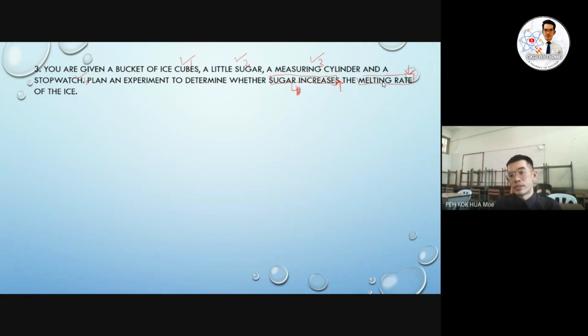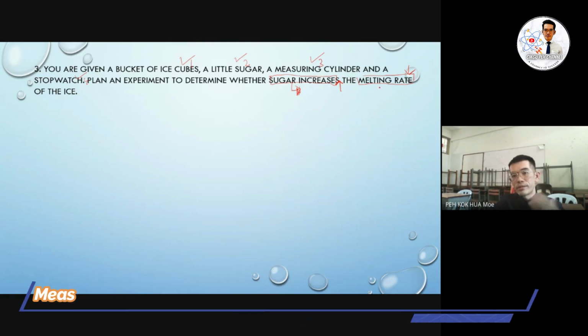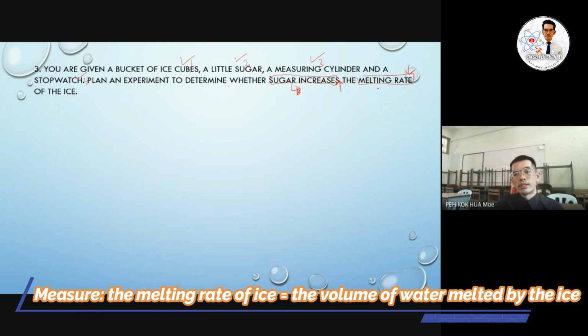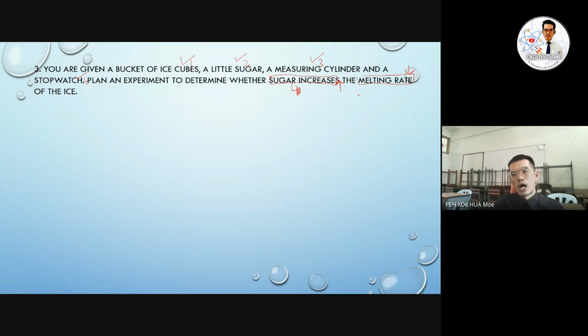We measure the melted ice, which has changed to liquid, and then we can add sugar. If we put 10 grams of sugar, after 5 minutes, how much ice has changed to liquid? We expect that with the addition of sugar, the volume we get will be lower, which shows that the melting rate becomes slower.